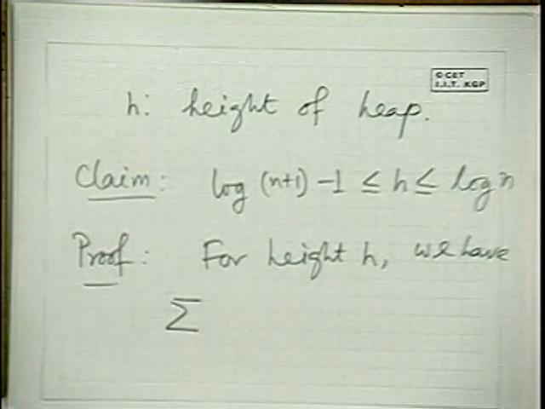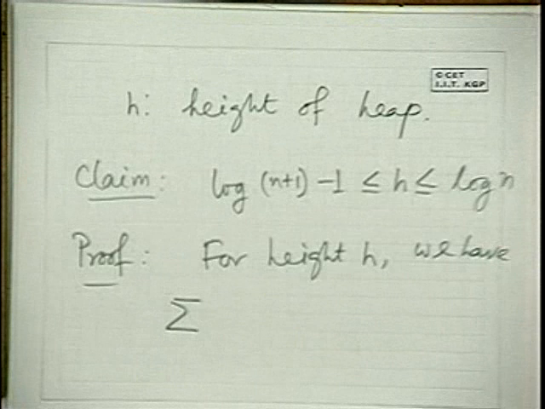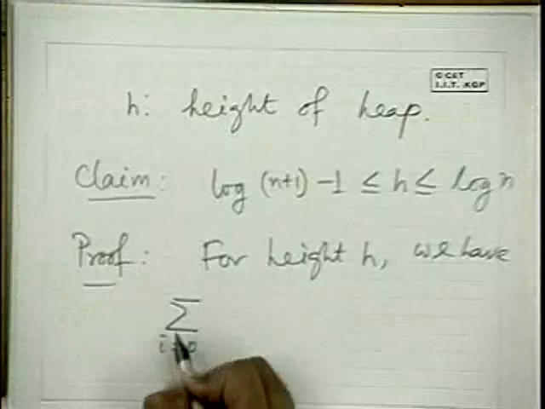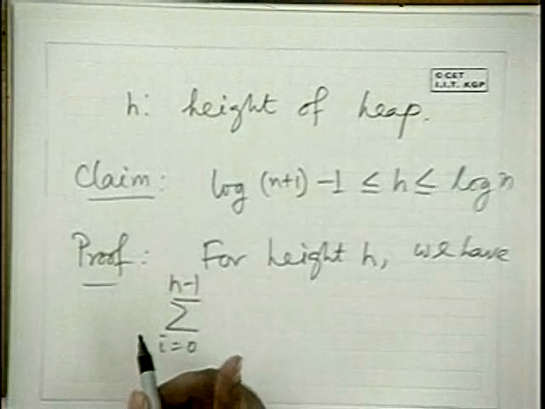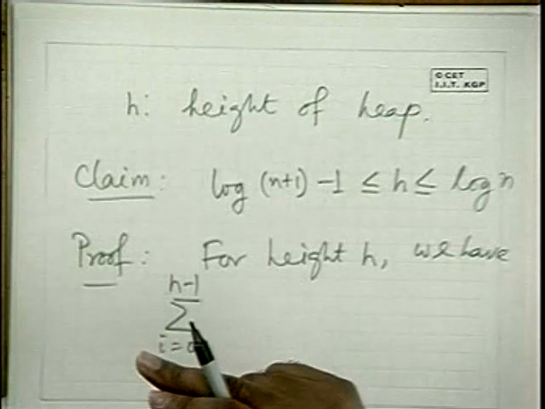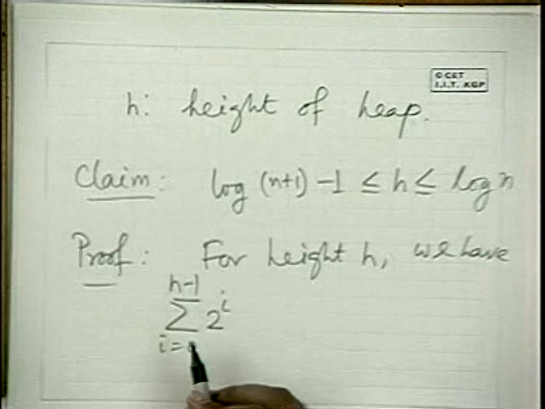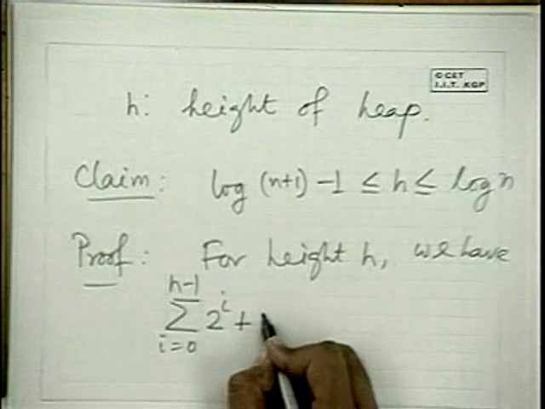sigma. So what we have, we first count all the nodes which are present in all the complete levels. So except the last level, I am counting everything. Okay. So how many nodes can be there? This is nothing but i goes from 0 to h minus 1. H is the height. So I just take one level less than that. It is 2 to the power i, right? 2 to the power i plus 1.